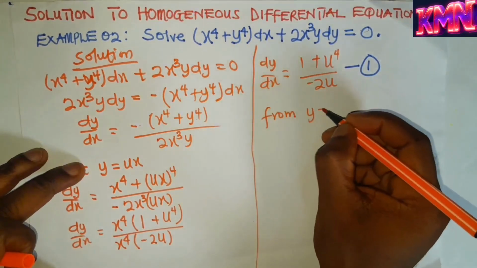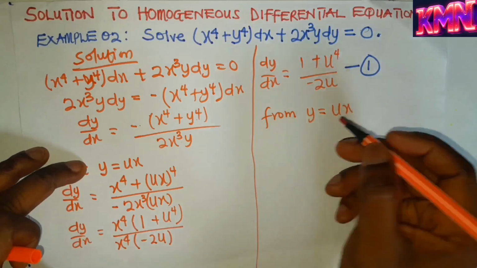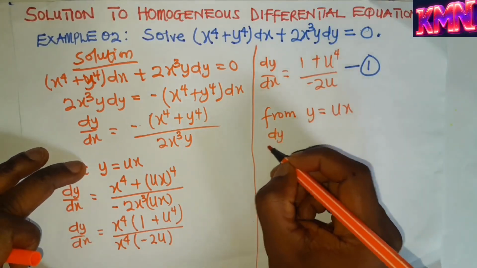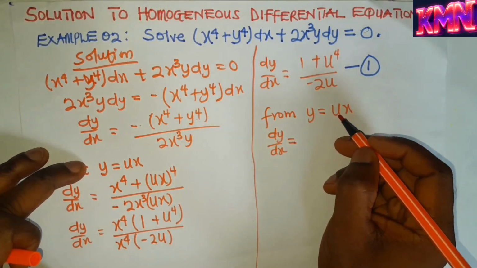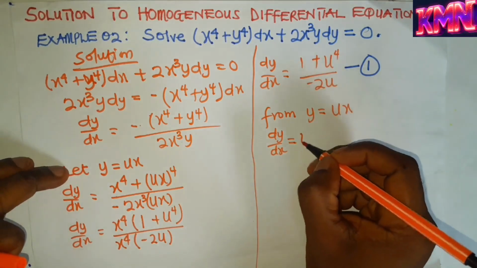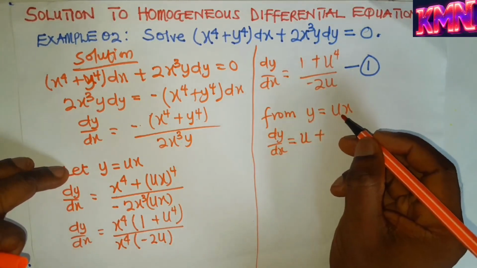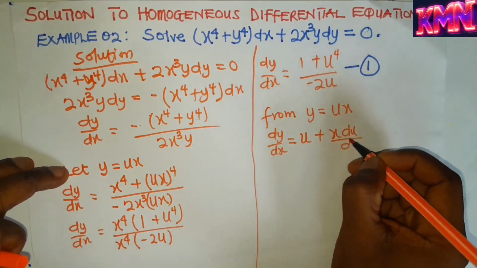From y equals ux, let's differentiate through this. Let's differentiate y with respect to x. Now remember that u is a variable of x, so differentiate the x with respect to x, and that will give us u, and differentiate the u with respect to x, and that will give us x du/dx.